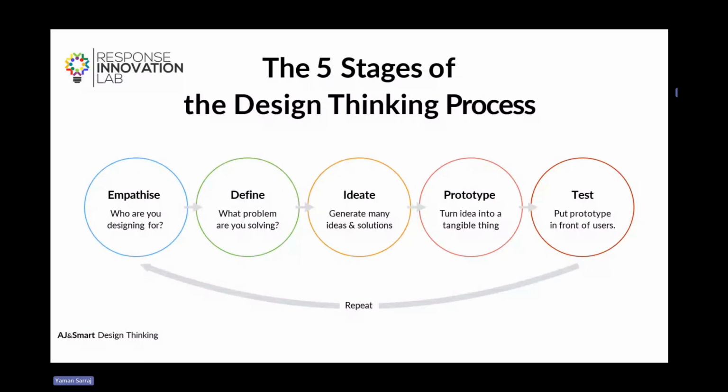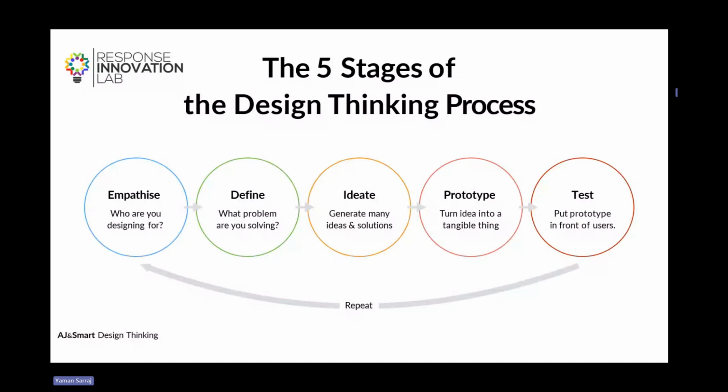So normally the stages of the design thinking process begin with empathize, knowing who we are designing for, and designing here means the ones we are somehow targeting, like beneficiaries, institutions, organizations, and etc. Define: what is the problem we are serving.